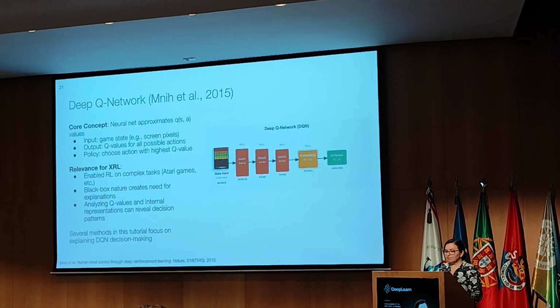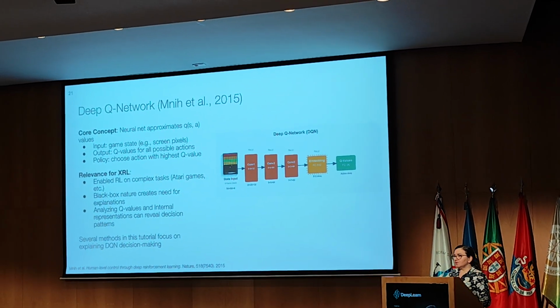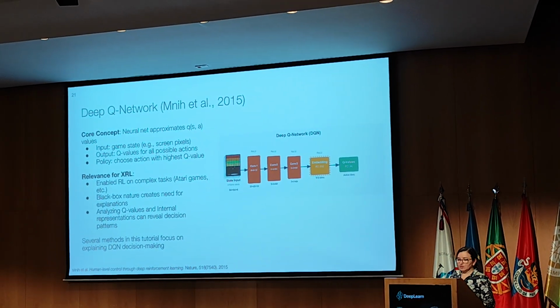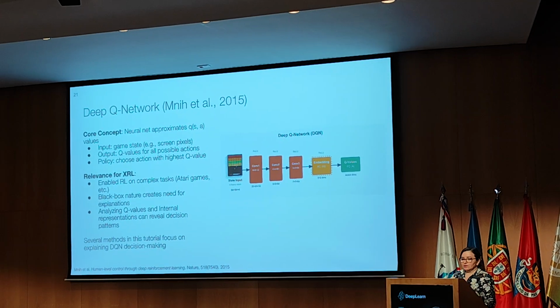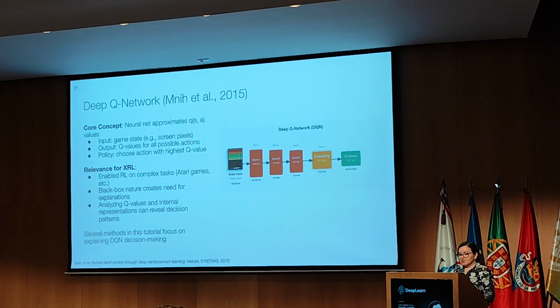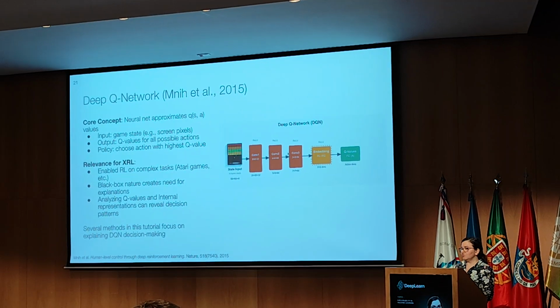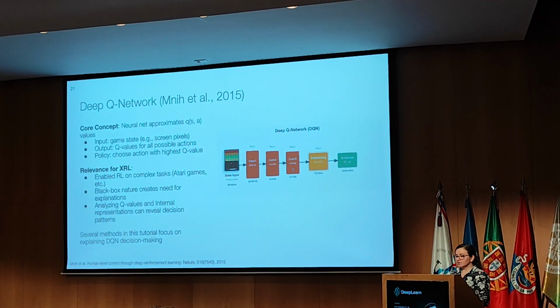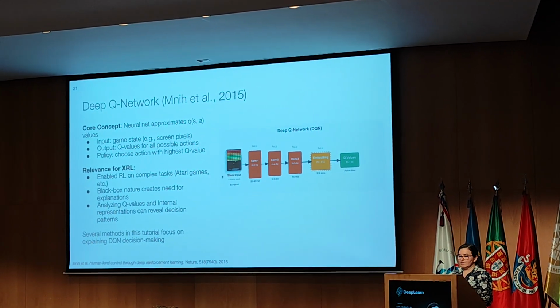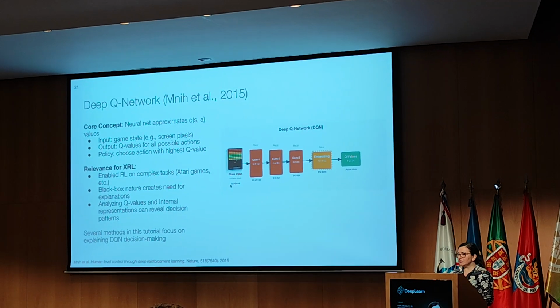So here I talk about DQN networks. It's a very well-known architecture, and it's also pretty simple. Here you have a convolutional neural network of 3 layers, and then as input you just give the game states.